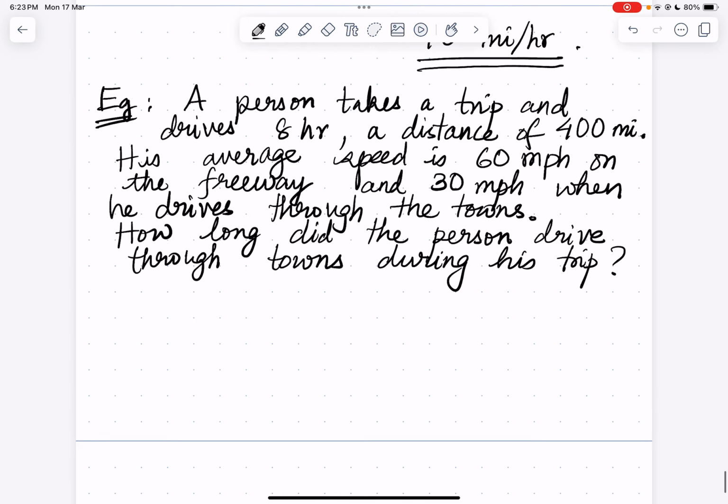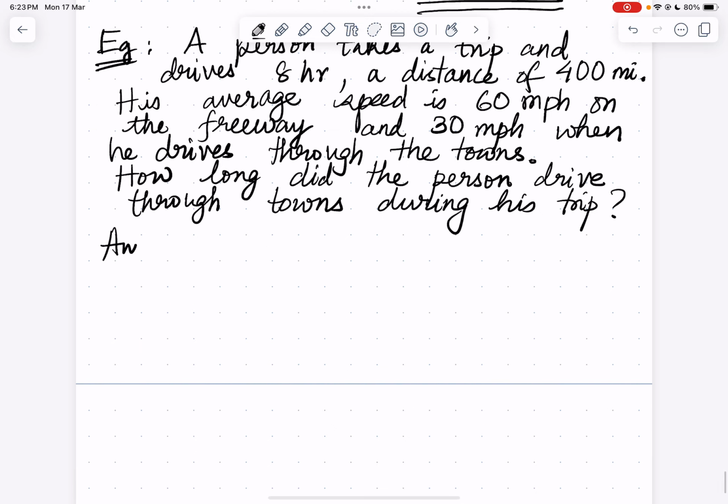So a person takes a trip and drives for 8 hours and travels a total distance of 400 miles. His average speed on the freeway is 60 miles per hour, and average speed when driving through towns is 30 miles per hour. How long did the person drive through the towns during his trip? So we can imagine, the person is driving, it need not be a straight path.